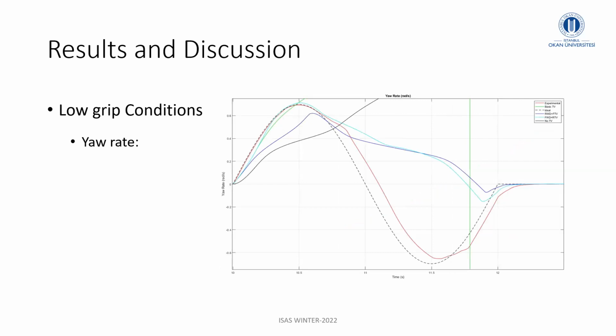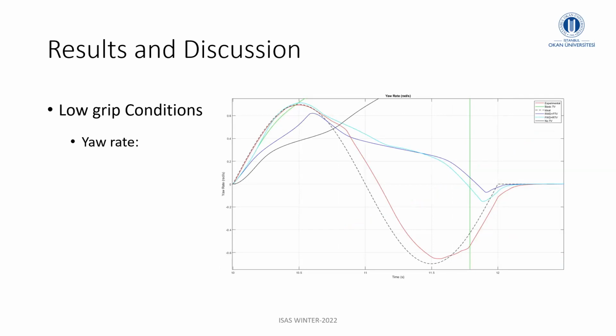In low grip conditions, we can see that the proposed controller outperforms every single other controller. The basic vehicle and the vehicle with no TV are not able to cope with the conditions. And as you can see here, the other controllers eventually get back to zero.